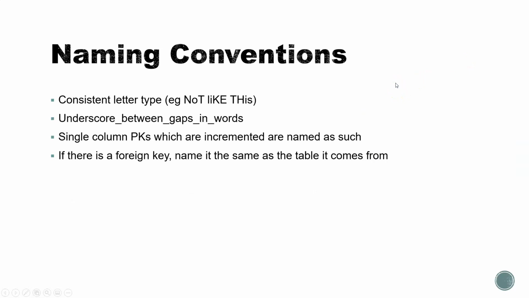Naming conventions, right? So we're going to have quite a few different topics now, jumping between different ideas, but still things that you will need to know and be able to talk about and define. Naming conventions have been around within the computing industry for a long time, well, a long time for IT anyway, and it predominantly comes back to programming, where you would have software that would not recognize gaps within words.